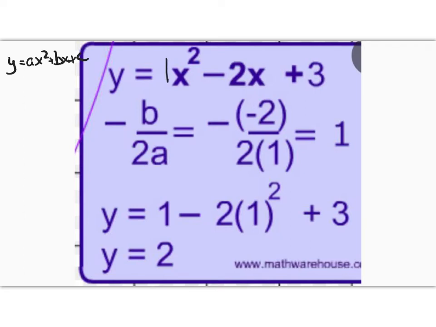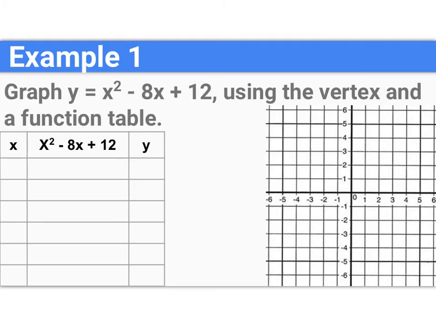So if you take negative b over 2a, you can figure out the vertex. The x-coordinate of the vertex is 1. And then you stick that 1 back into the original equation and get the y-coordinate of the vertex. Remember, the vertex is a point. So the vertex given by the point v is 1, 2 for this particular quadratic function.